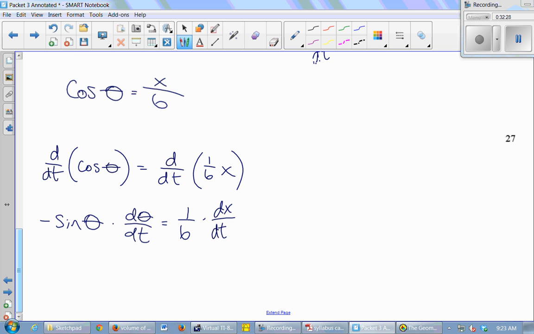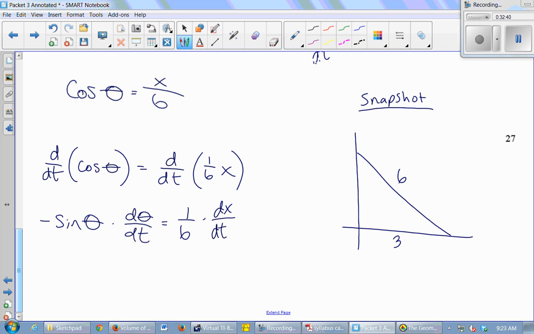Then we're going to plug in our snapshot. Okay, so they want to know when x is 3, we're looking for dθ/dt, and I need to know what theta is. So could I figure out what this angle theta is when x is 3?